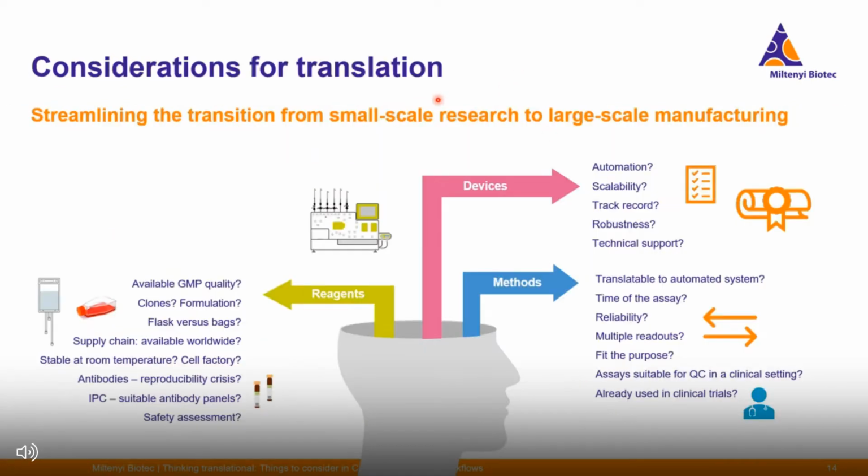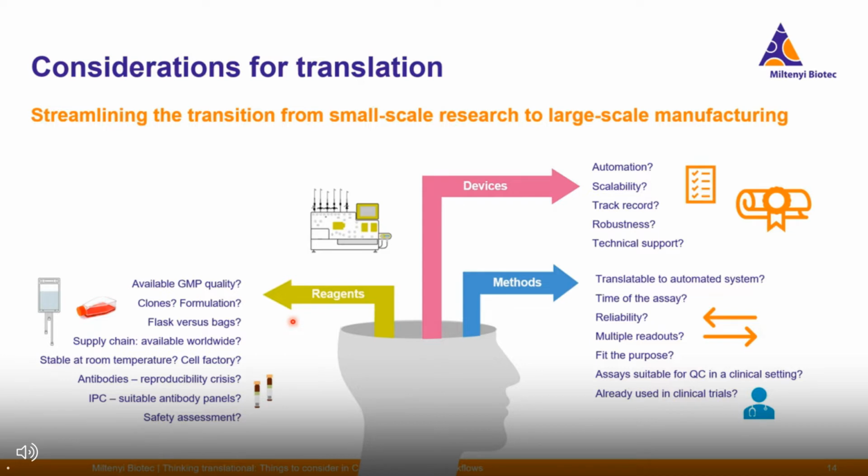First of all, it's always helpful to know right from the start where the journey is going to. And thinking translational, as this webinar of today is named, pays off at the end. It not only saves time, but also may reduce costs, and it's easy on the nerves. So taking a look at the reagents, for example, the questions should be: are my reagents available in GMP quality?